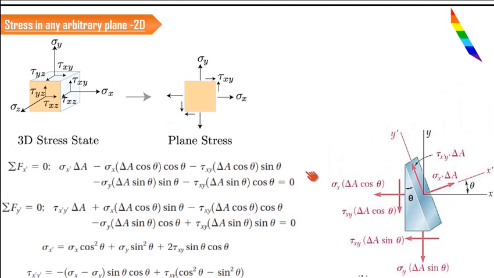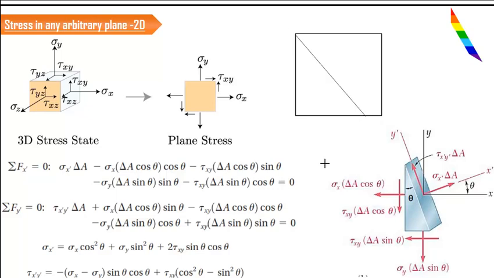Okay, so how is that going to come? Let us look into detail. You consider this as a cuboidal element or a two-dimensional element, and I am interested to find the stresses acting on this particular plane. This plane makes an angle of theta with the vertical, and I am interested to find out the stresses acting normal to this particular plane. And right now I have the force sigma x delta a cos theta, right?